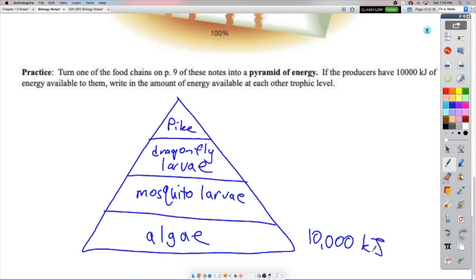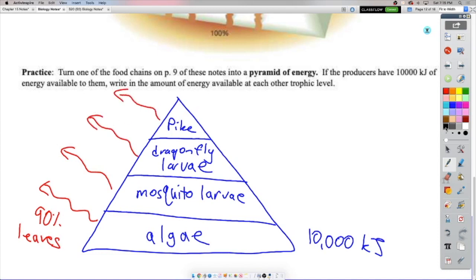Remember, 90% of this energy is getting lost as heat or used up by the organism. So 90% of the energy leaves every time the transfer happens, and only 10% actually gets transferred. 10% of that will get transferred, and then 10% of that. So you have 10% of 10% of 10% of 10%. That just means divide by 10, or maybe simpler, drop a zero. We have 4 zeros here, so we're going to have 3 zeros at this level.